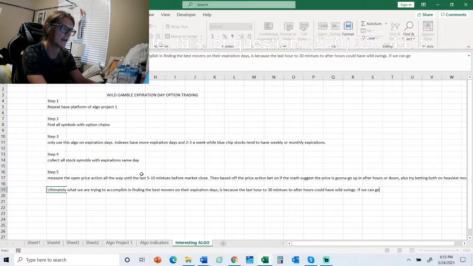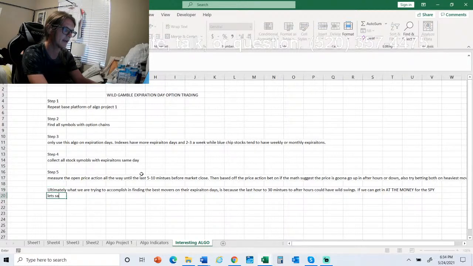If we can get in at the money for the SPY, let's say the SPY is at $400 and we could buy the 10-minute till expiration option.